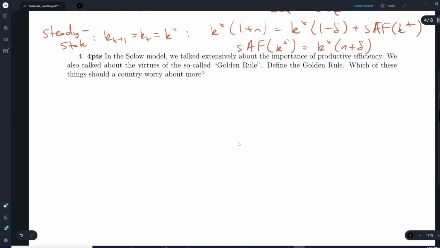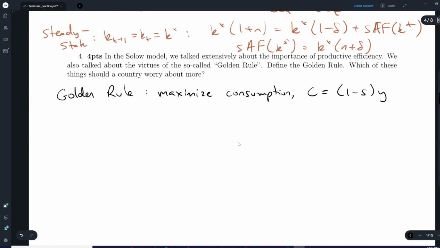Golden rule time. Well, the first thing is the golden rule is to maximize consumption. And consumption is equal to (1 minus s)Y, right? Or if you prefer, (1 minus s)F(k). So there's two parts to this, right?